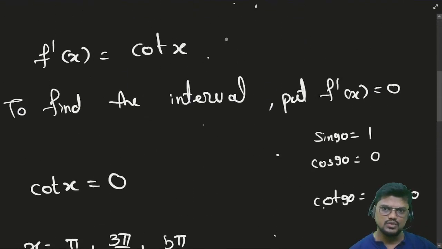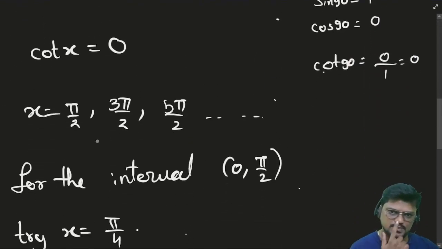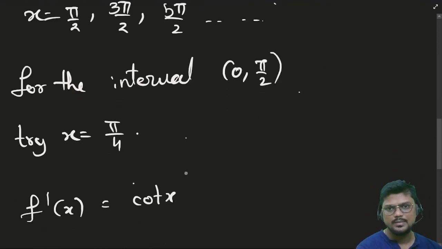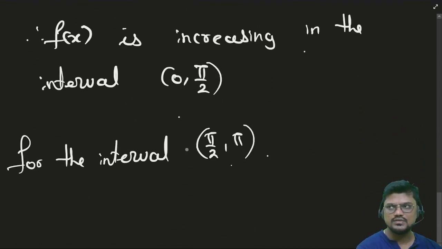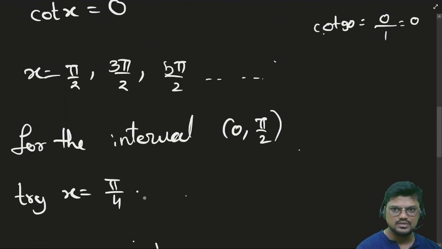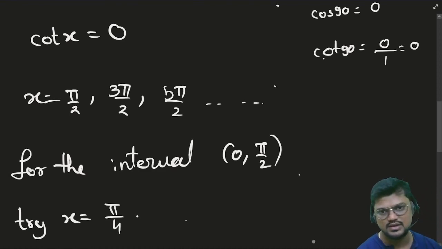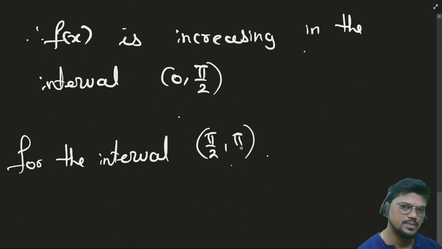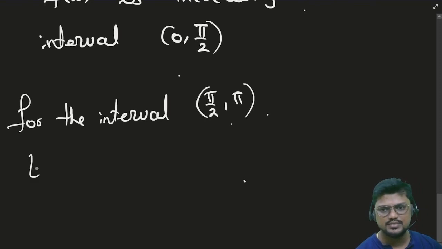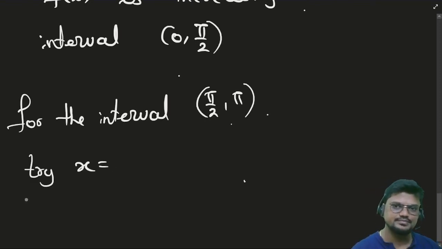Now from pi by 2 to pi, the points we got are pi by 2, 3 pi by 2, and so on. 3 pi by 2 is 270 degrees, so that will not come. So pi by 2 to pi we can directly do.